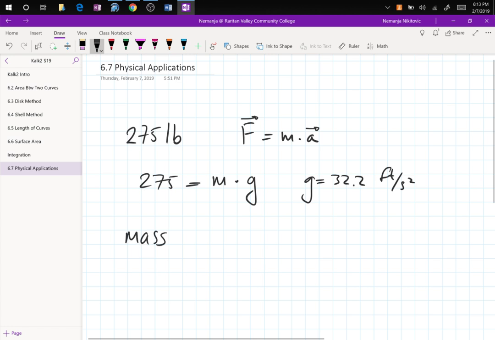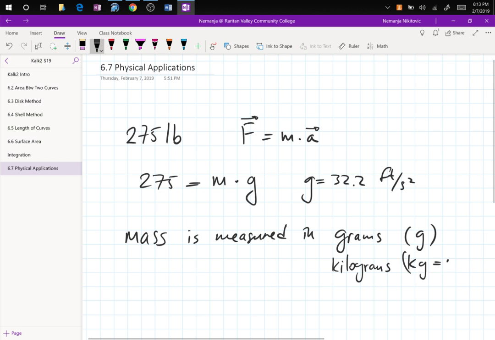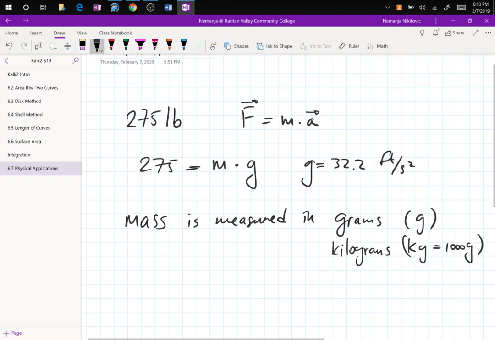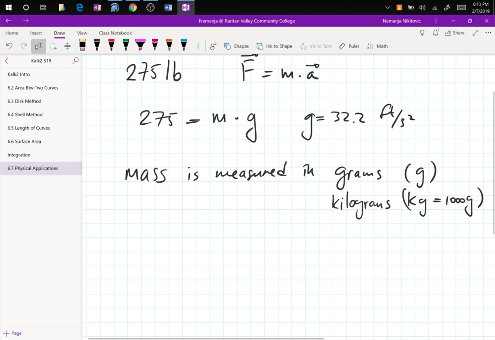Mass, as I said, quantification of physical existence, is measured in grams, which is g, or kilograms, which is kg, which is equal to 1000 g. g is grams, not g is gravity. So get your letters straight.